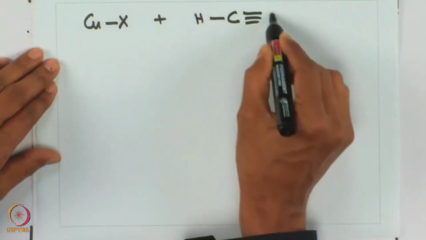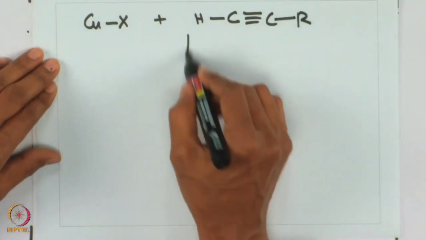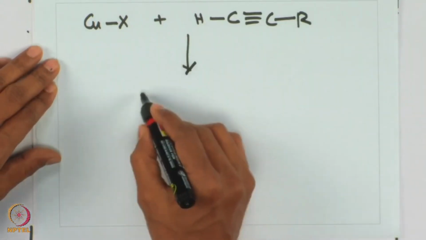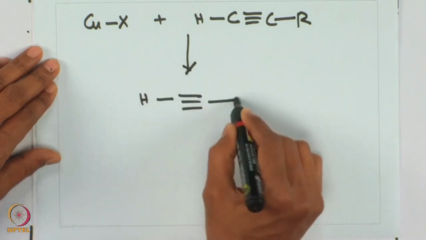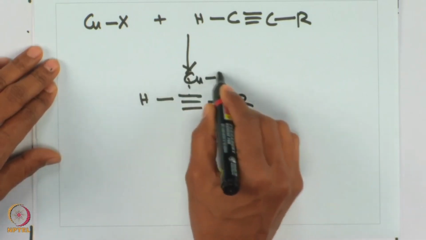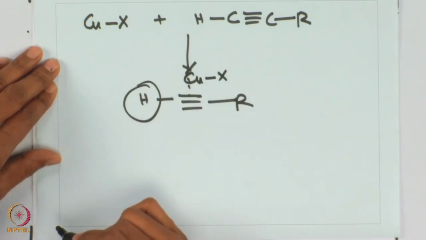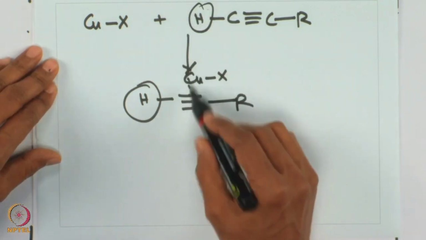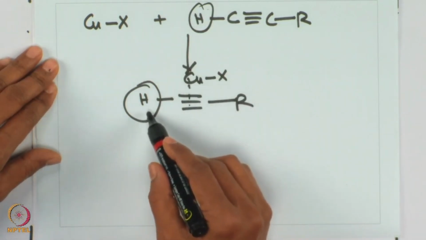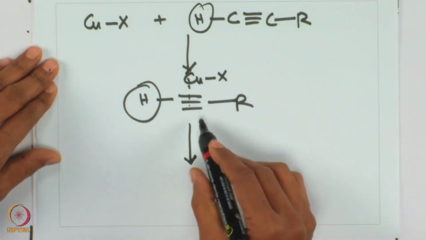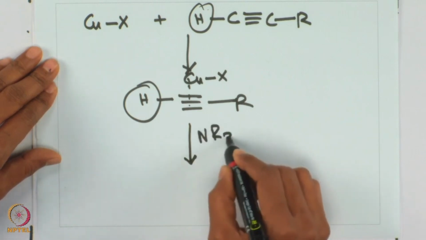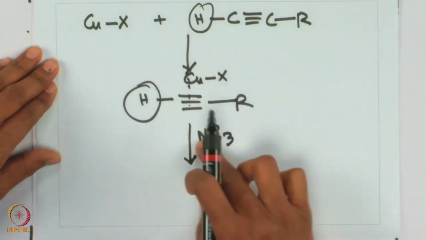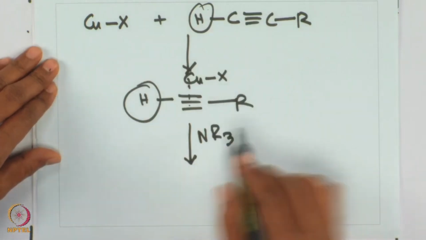You start with copper X and then react with a terminal alkyne, and overall you have the first step as the alkyne interacting with copper X. Now, by itself this deprotonation will not be possible; it is required to have the copper interaction, and therefore, it is now acidic enough for triethylamine to deprotonate. So, without copper this deprotonation just by amine will not be possible.